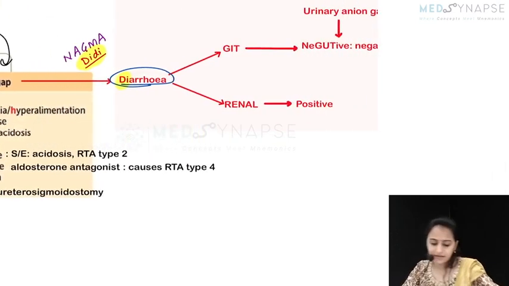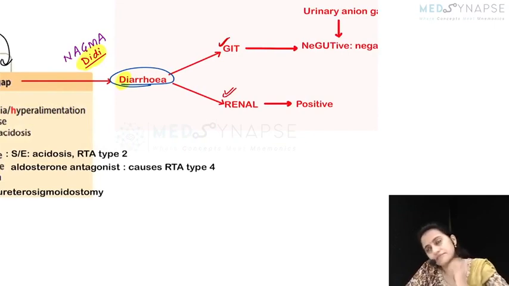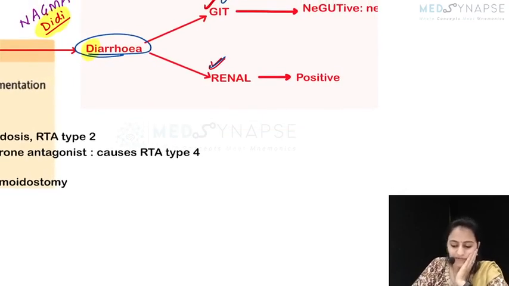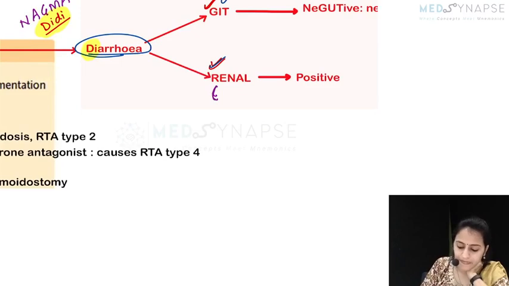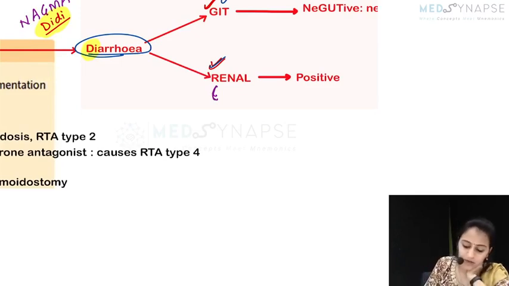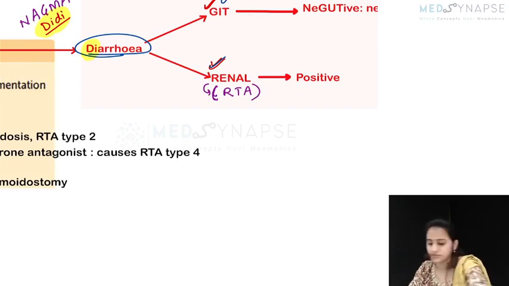So any diarrhea. Diarrhea is either from the intestine or from the kidney. Okay? So GIT diarrhea, renal diarrhea. When does renal diarrhea occur? When I say renal diarrhea, basically what disorder am I talking about? When the renal tubule is defective and not absorbing. That means renal tubular acidosis. Renal diarrhea means renal tubular acidosis.